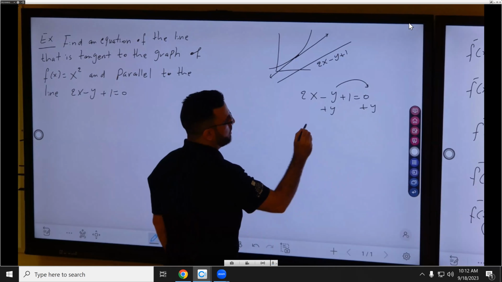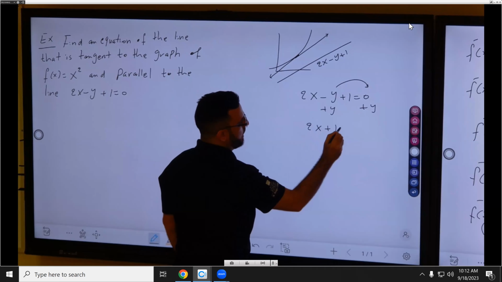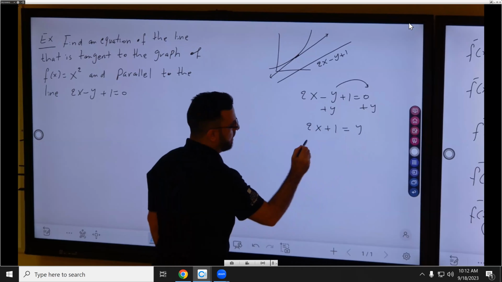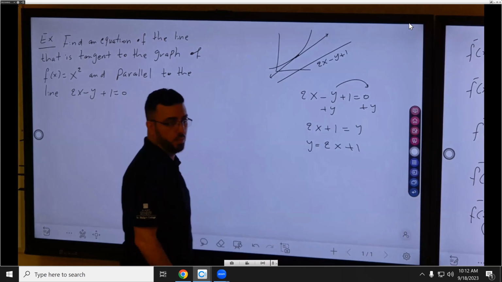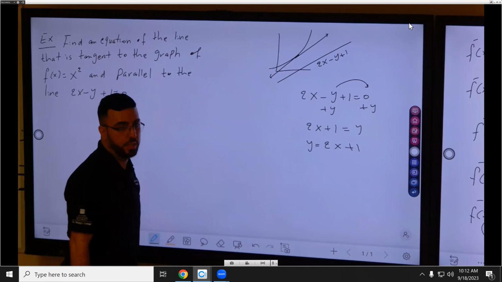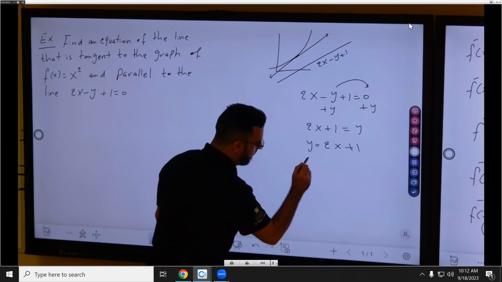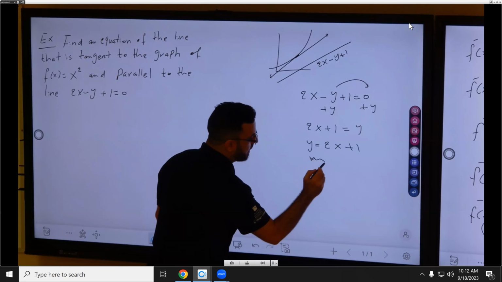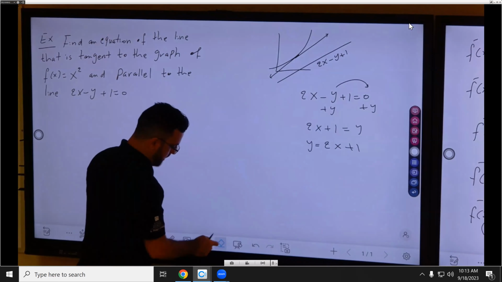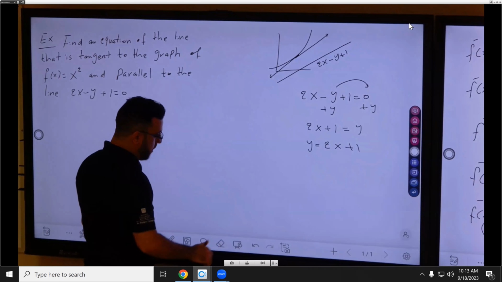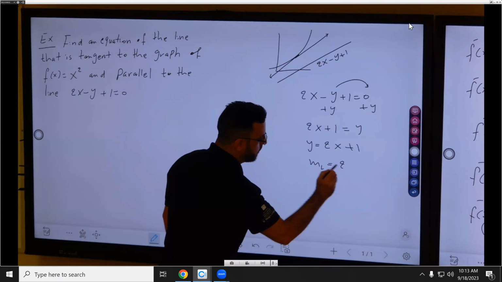So it's going to be 2x plus 1 equals y, which is the same thing, y equals 2x plus 1. Yes or no? That means the slope equals 2. This is the slope for the line.